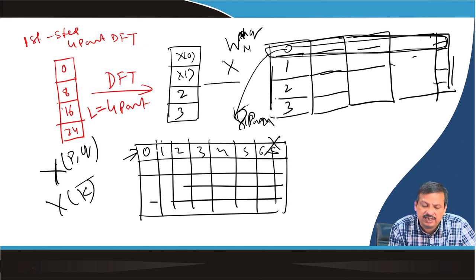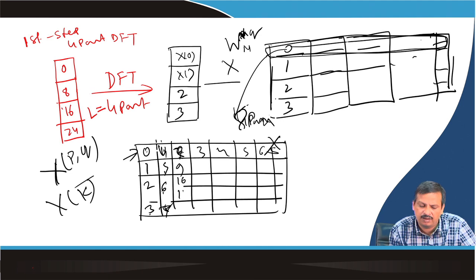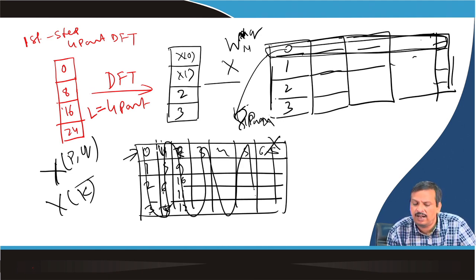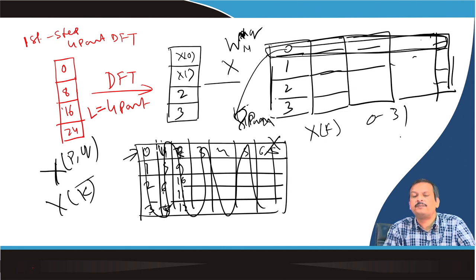Since I stored the data row wise, it will be 0, 1, 2, 3, 4, 5, 6, 7, then 8, 9, 10, 11, 12 like that. That way I will get how many Xk? Xk also varies from 0 to 31.